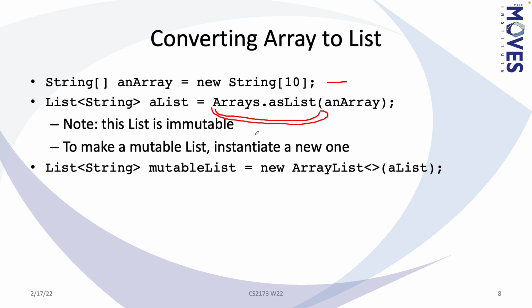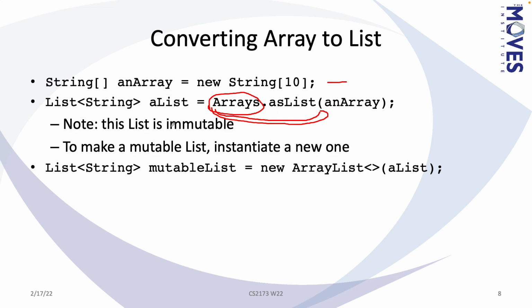Because you're calling it as part of the Arrays class? Correct, yeah. Whenever you call a method using the name of a class, and you don't get a red squiggly, assuming that this is legal, which it is, because I'm using the name of a class and not the name of a reference to an object, then the only thing it can be is a class method.